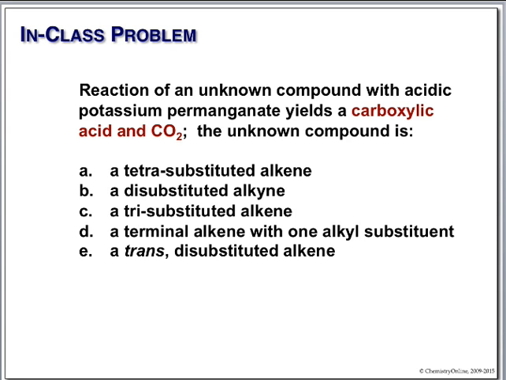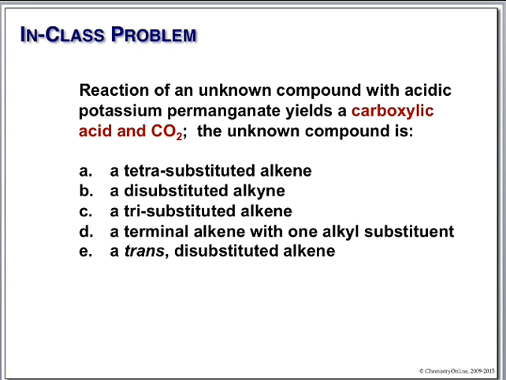That would simply split the double bond and make two ketones with it. A disubstituted alkyne. Whenever you have an alkyne, you wind up with carboxylic acids. If we had a disubstituted alkyne, we would wind up with two carboxylic acids.